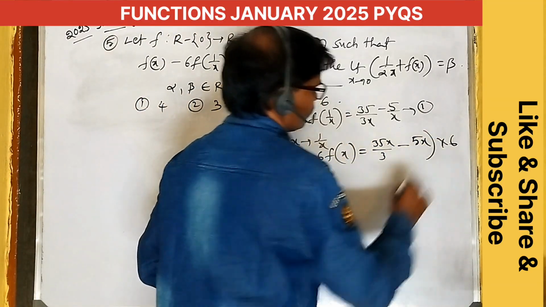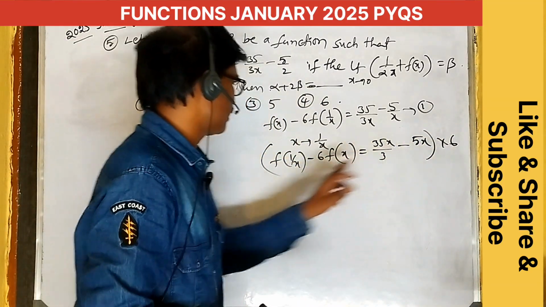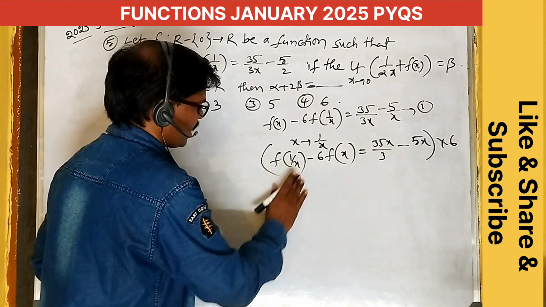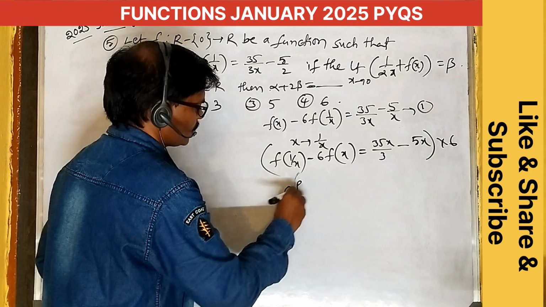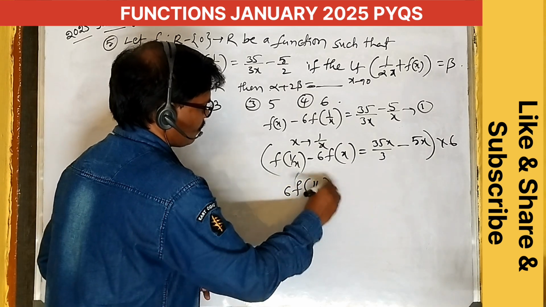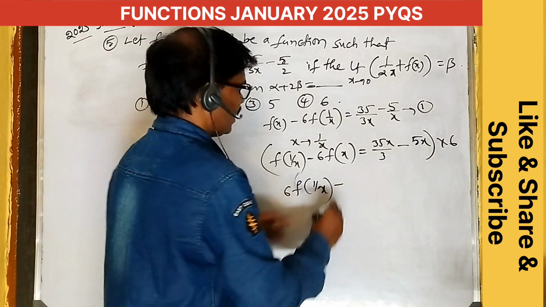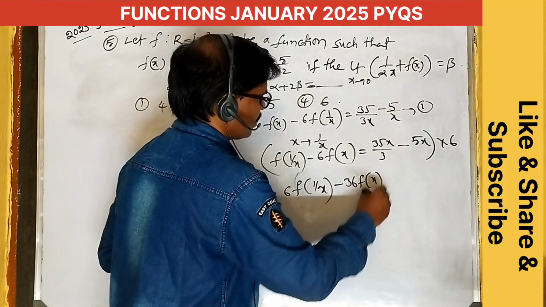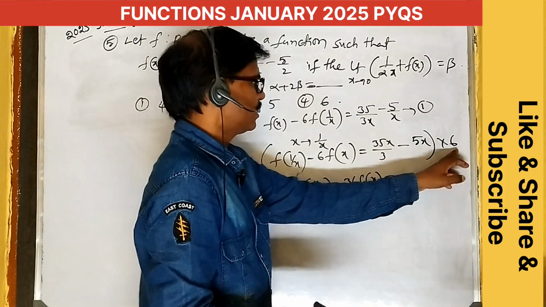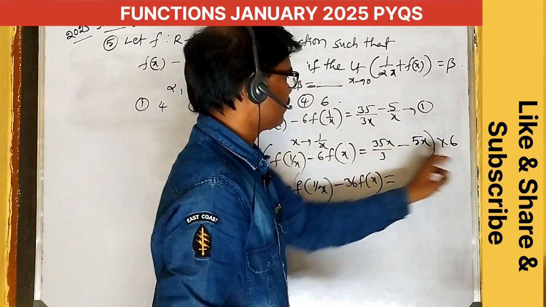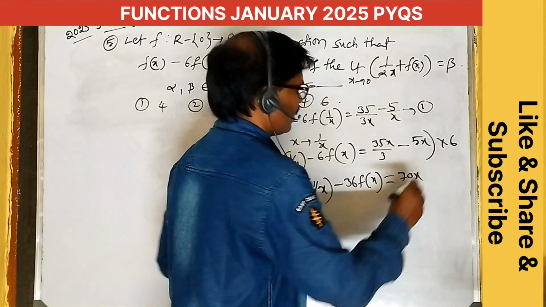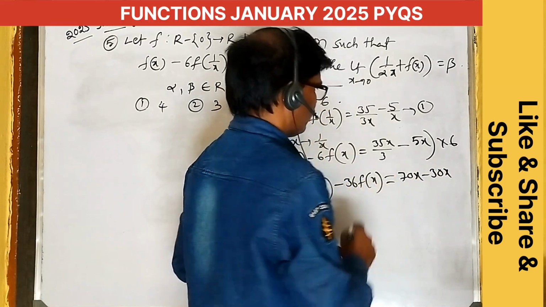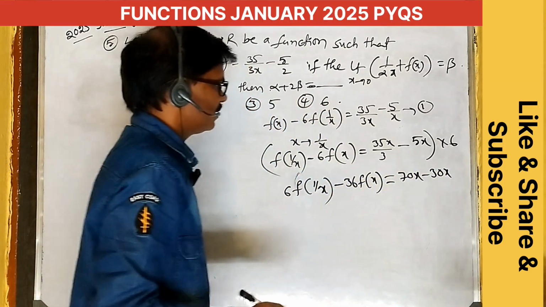Multiplied with 6 means 6 into f of 1 by x. So 6 f of 1 by x minus 36 f of x equals 70x minus 30x.